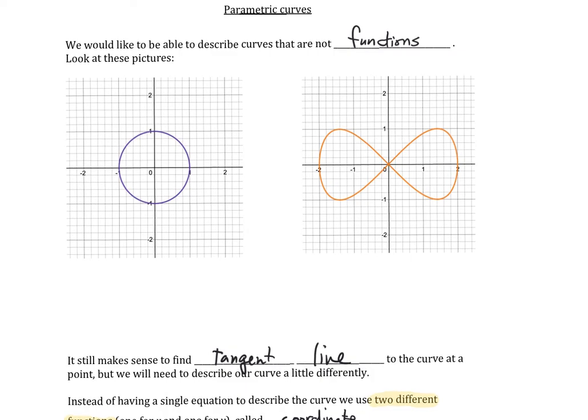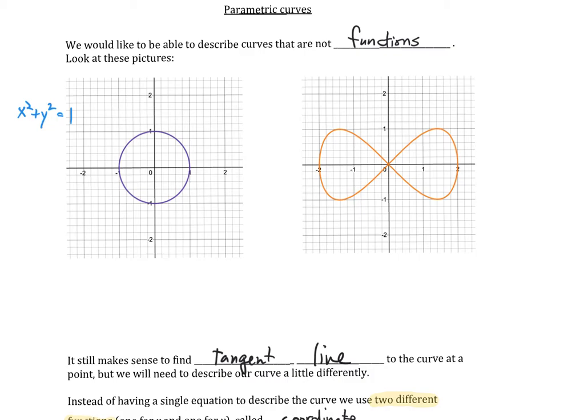So when you look at this purple curve, you can write down an equation for it. You can write that as x squared plus y squared is equal to 1, right? We know that we can write equations of circles like this. However, the way that we're going to write it in parametric form is going to be a little bit different.